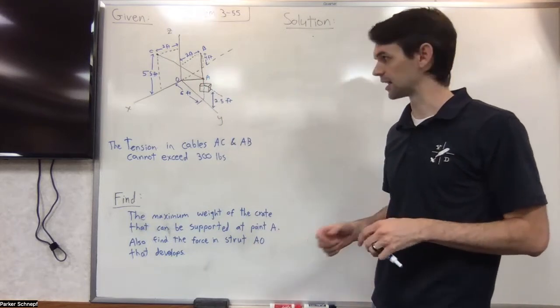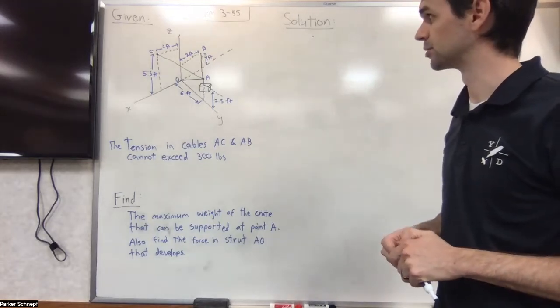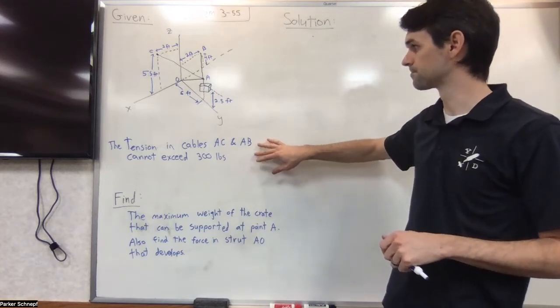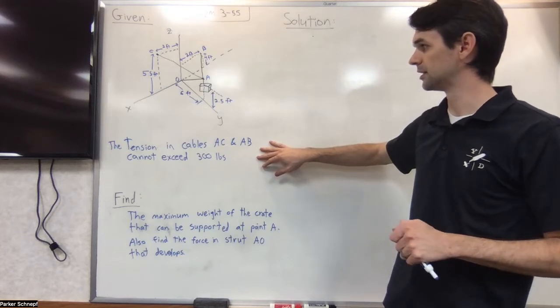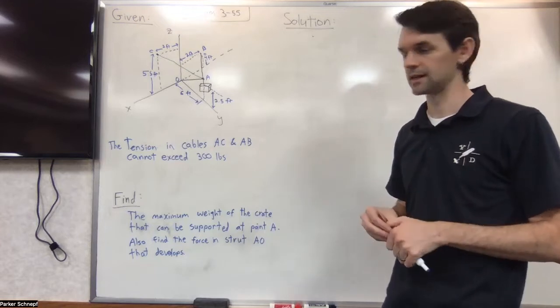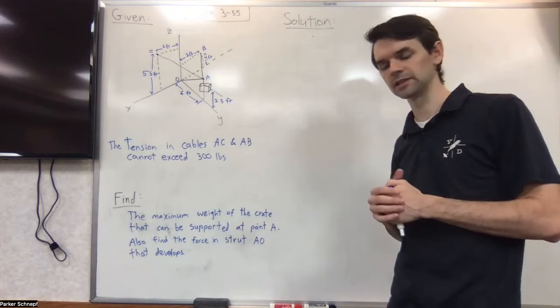I like this problem because it demonstrates some good points about any problem where it says the maximum that these things can support is such and such pounds. Find which one breaks first, or find the maximum force they can support.